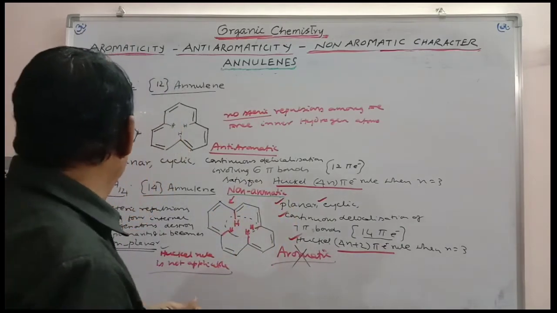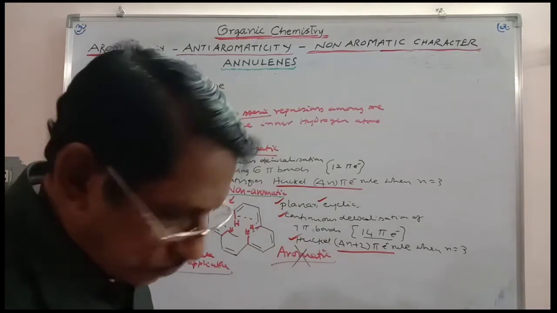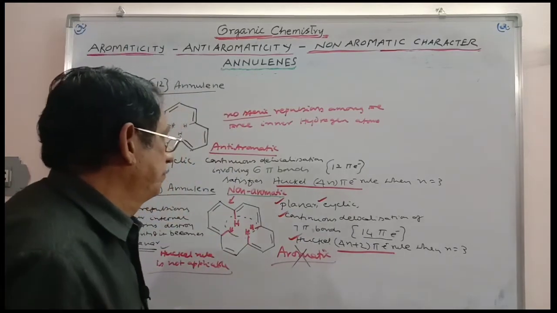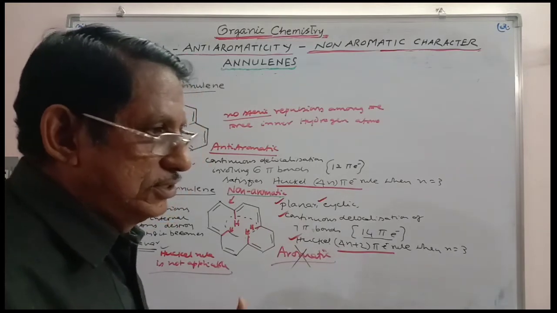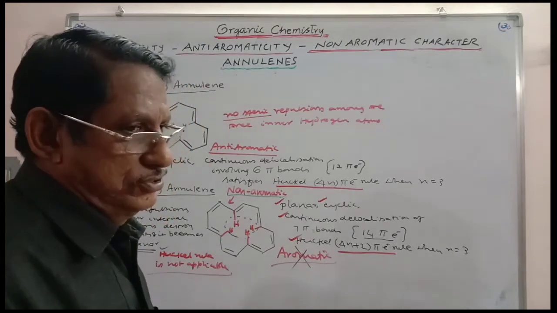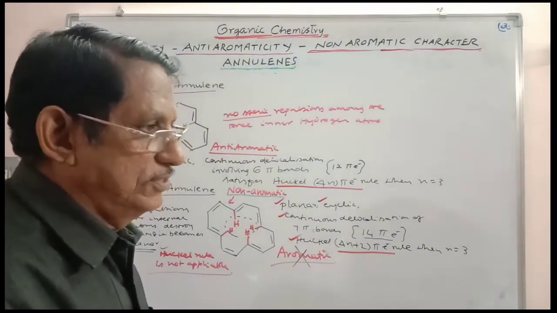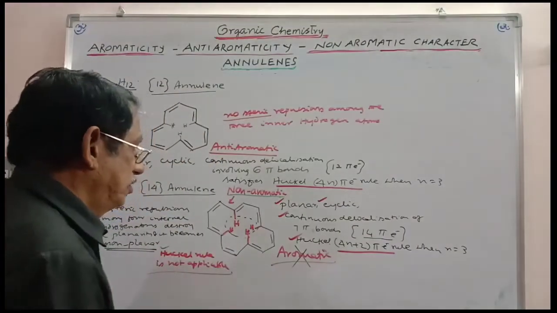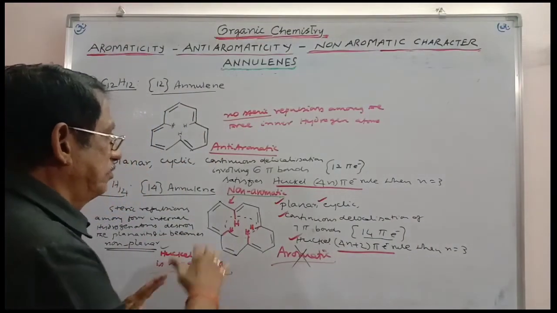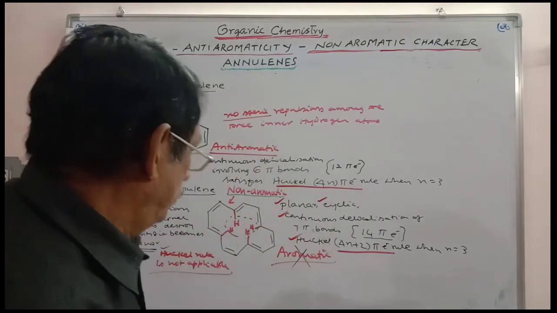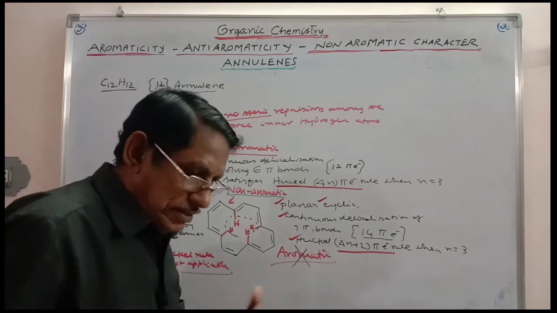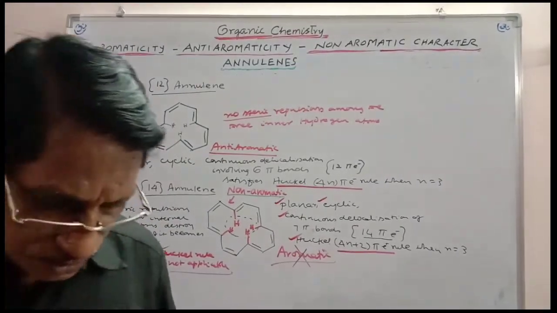So in this way, if you take C14H14, 14-annulene, the condition is satisfied, but aromaticity is lost due to the strain produced, the repulsion produced by the inner hydrogens. So that is why planarity is lost. When planarity is lost, it automatically becomes non-aromatic. This is the case with C14H14, 14-annulene. Okay. Next, please note it.